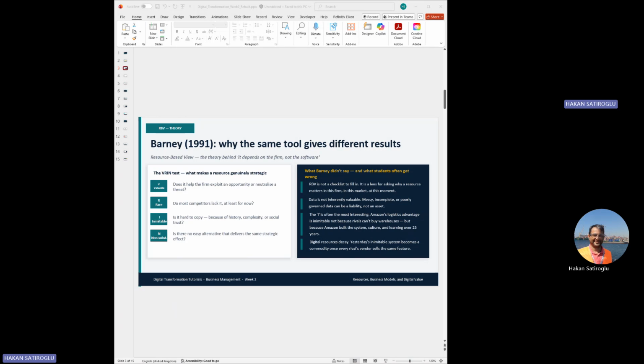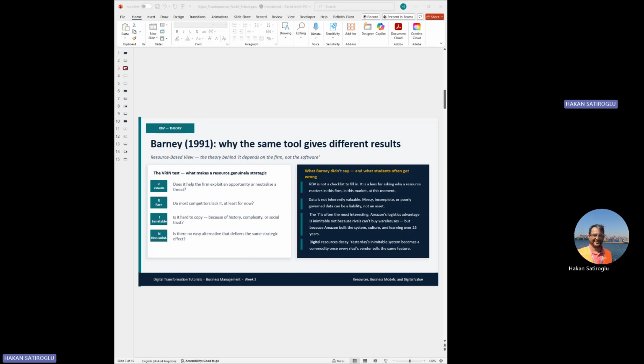It gives you a chance to capture advantage. So the second question is: is it rare? Meaning, not every competitor has it or not.